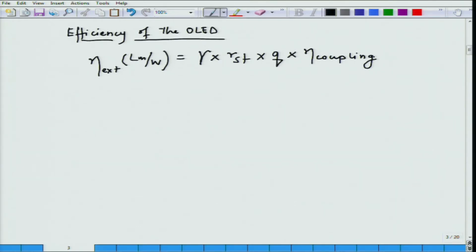So, each of these terms: gamma is basically the coefficient of charge balance in the device.